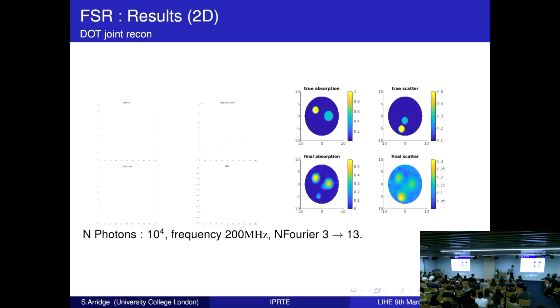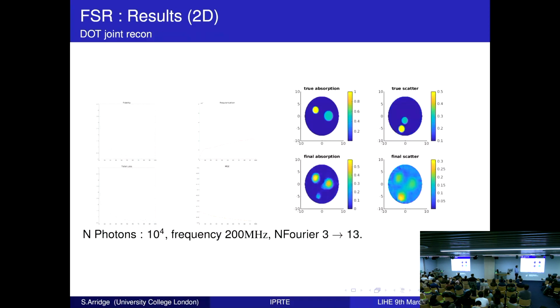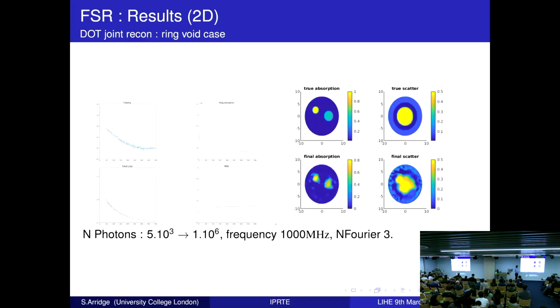But we are using here only 10 to the 4 photons in the initial step, and then increasing this. Okay, and this with more photons. Oh, sorry, that previous one was fixed at 10 to the 4 photons. Here we're increasing from 10 to the 4 to 1 million per iteration.